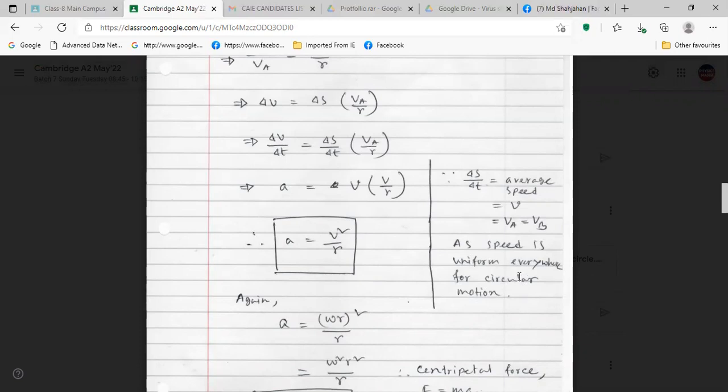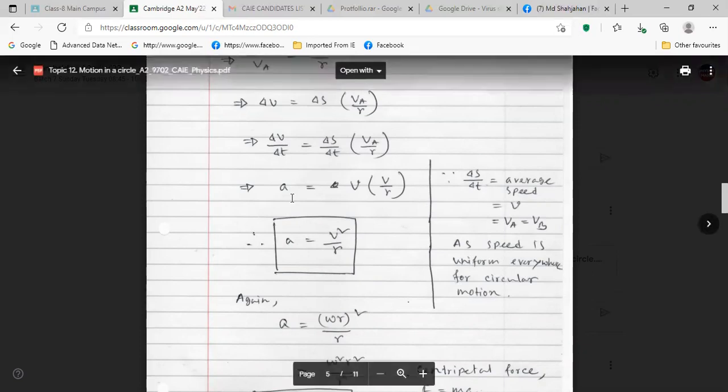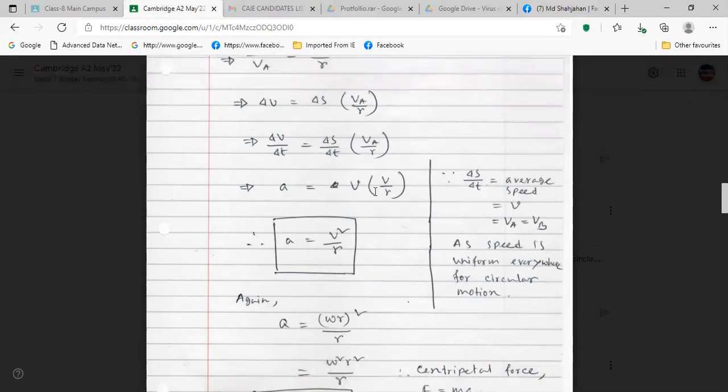So VA equals VB equals the average speed V. So it comes to A equals V square by R.